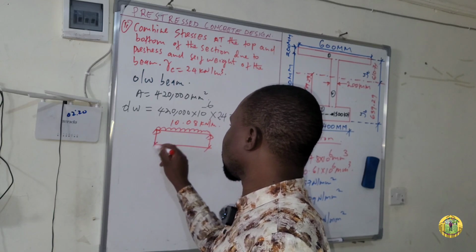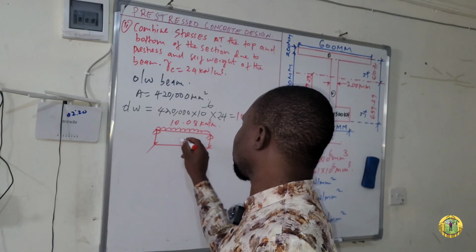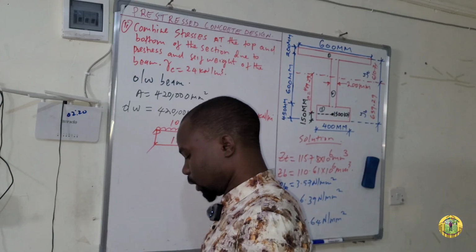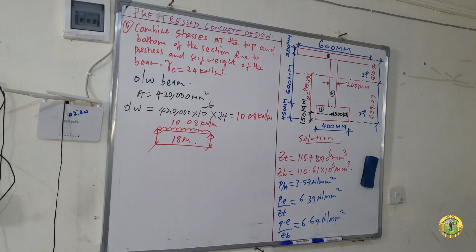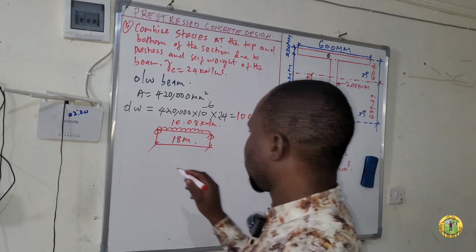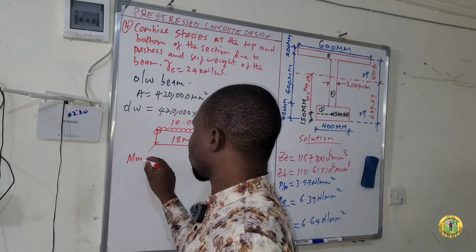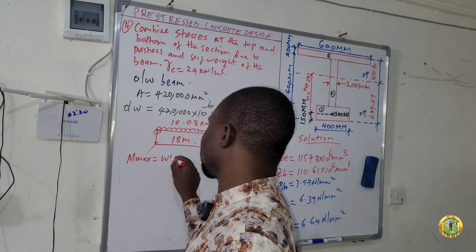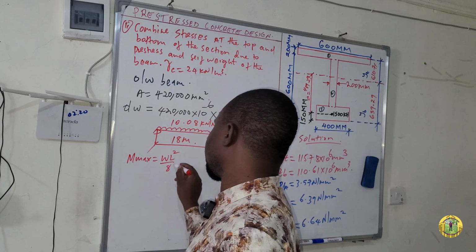And remember, the span of the beam from the equation is 18 meters. So M maximum, or maximum moment, is equal to WL square over 8.